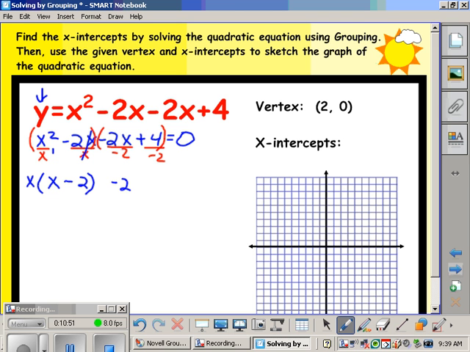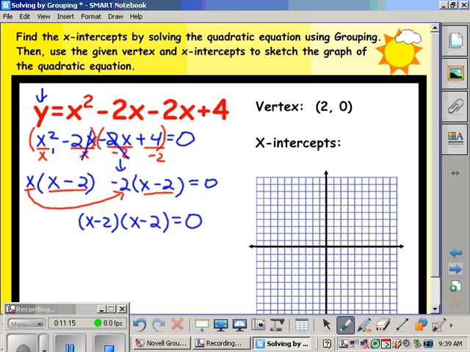And for the second set, we'll have a -2 that we drop down for the greatest common factor. And then we'll be left with x minus 2. So we have matching binomials. Then we'll create a binomial from our greatest common factors. Now notice the greatest common factor makes x minus 2. Then our matching binomial is also x minus 2.